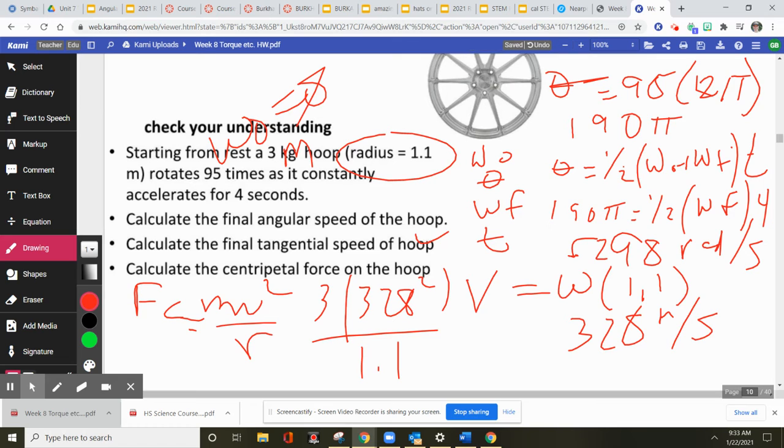You could have a centripetal force formula that was in terms of omega if you wanted to skip a step.